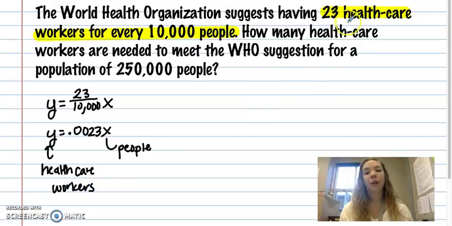Okay, because this was on the top of our slope, this is on the bottom of our slope. And then let's make sure we answer the question. How many healthcare workers are needed for a population of 250,000 people?